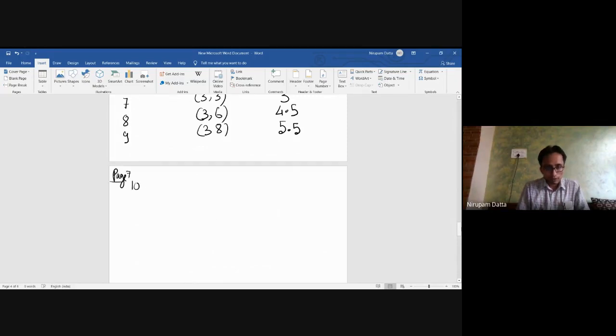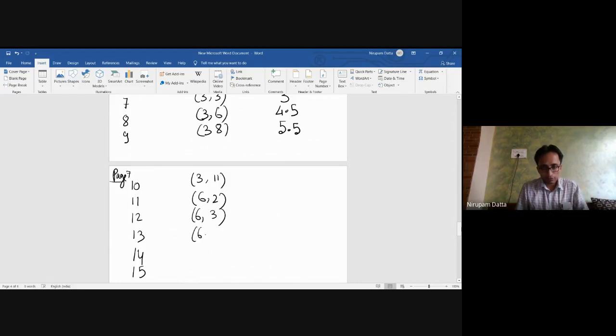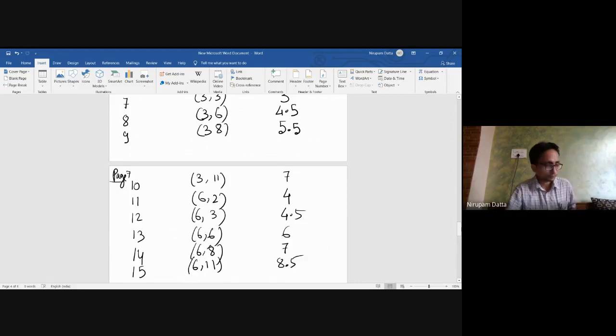So samples 10 to 15: 3, 11, then 6, 2, 6, 3, 6, 6, 6, 8, 6, 11. So the sample means are 7, 4, 4.5, 6, 7, 8.5.